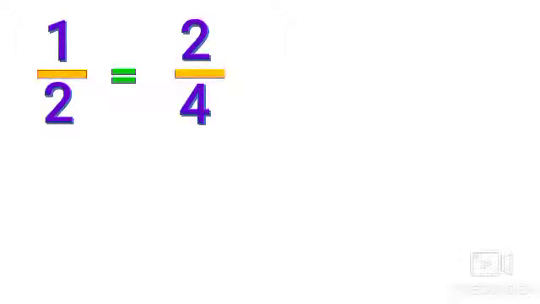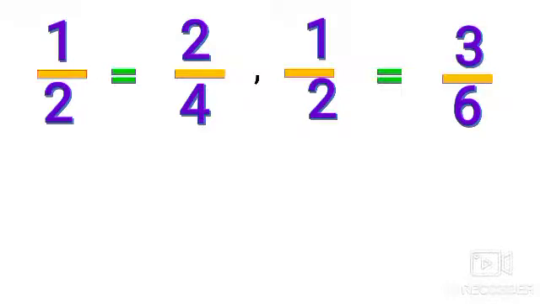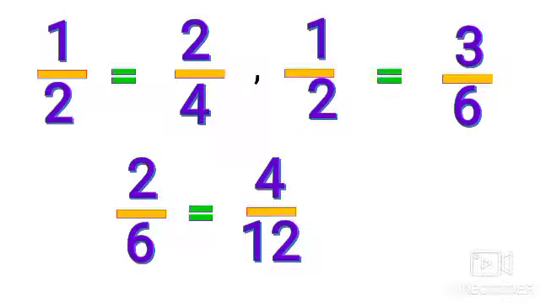So 1 upon 2 is equal to 2 upon 4, and 1 upon 2 is equal to 3 upon 6. Similarly, 2 upon 6 is equal to 4 upon 12. So here some number is multiplied in the numerator, and the same number is multiplied in the denominator, to get the next fraction.